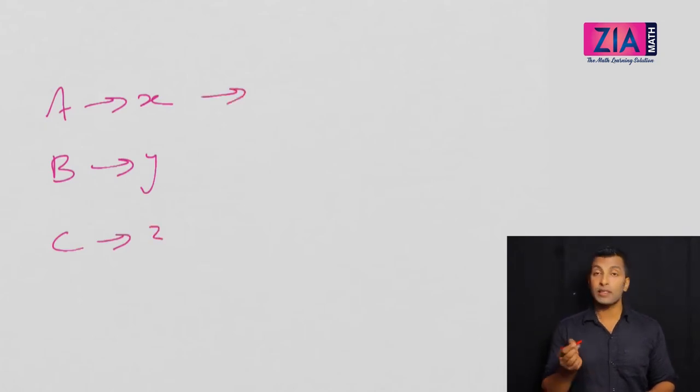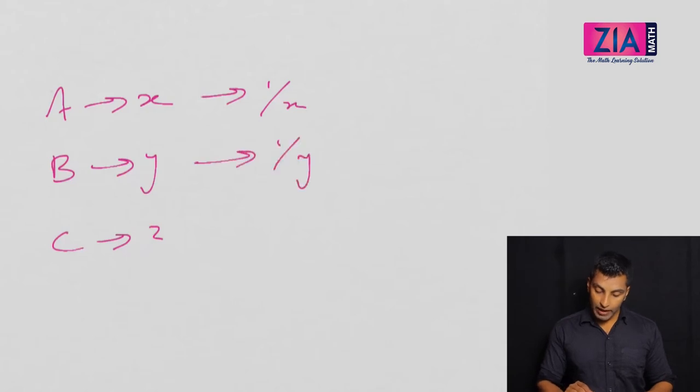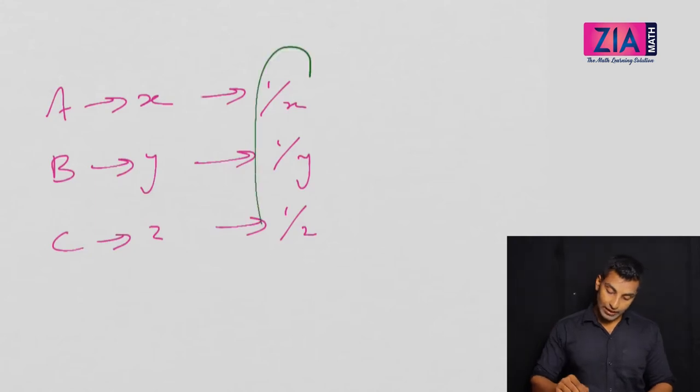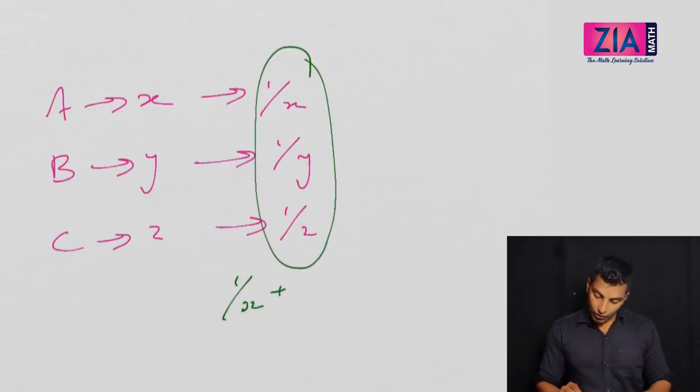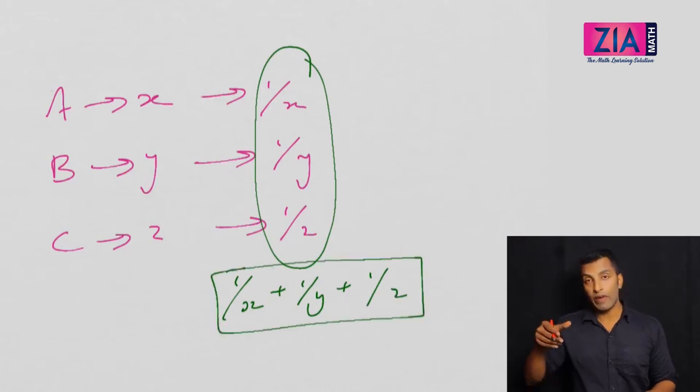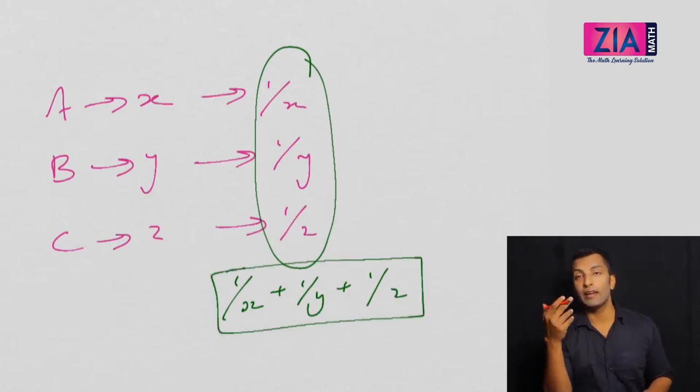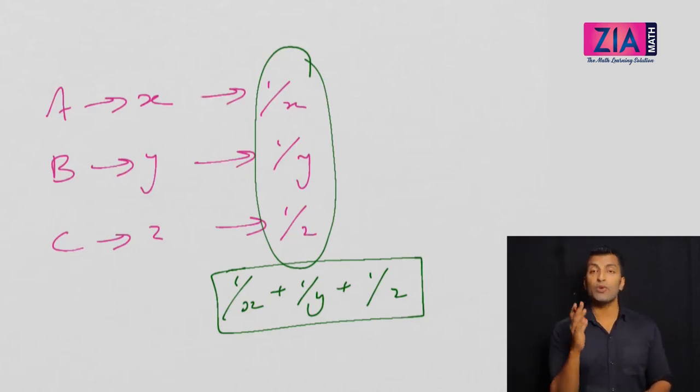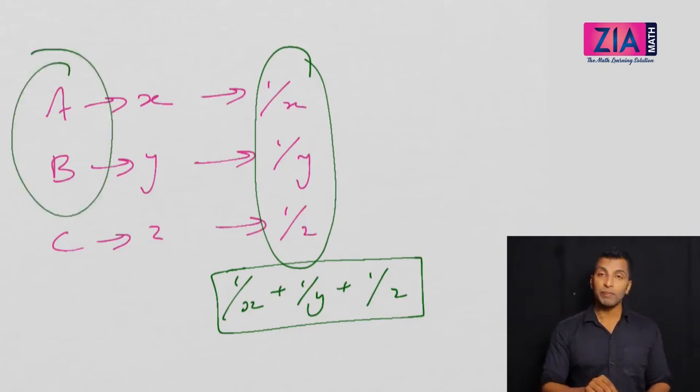A can finish 1 by X of the work in one day, B will finish 1 by Y, C will finish 1 by Z. So all three working together do 1 by X plus 1 by Y plus 1 by Z in one day. When you take the reciprocal, you will get how many days it will take to complete the work. From this you can make a lot of questions like this: first 2 days A and B are working, then next 3 days A, B, C are working.